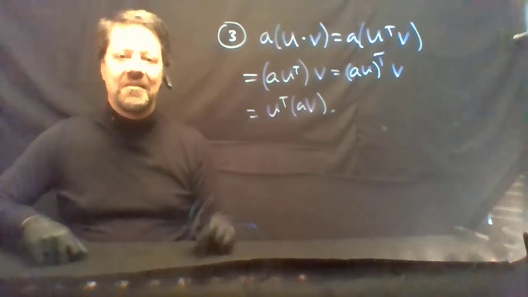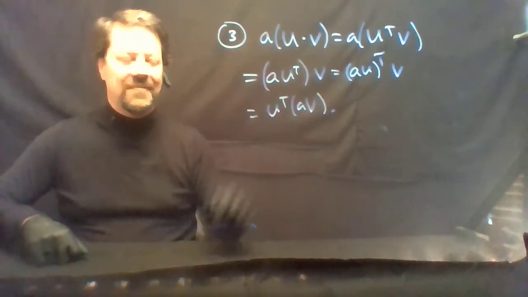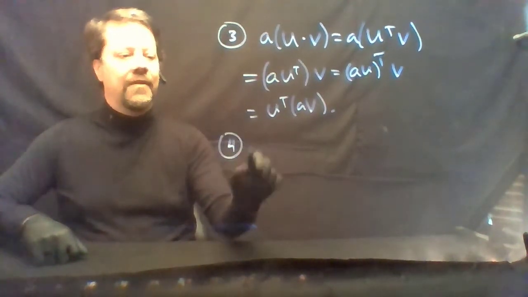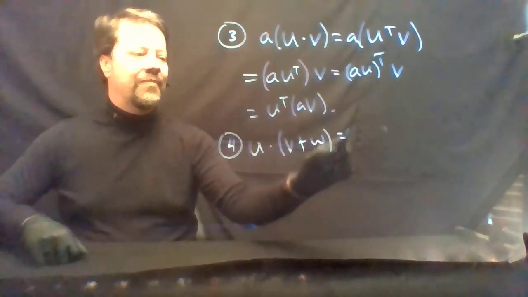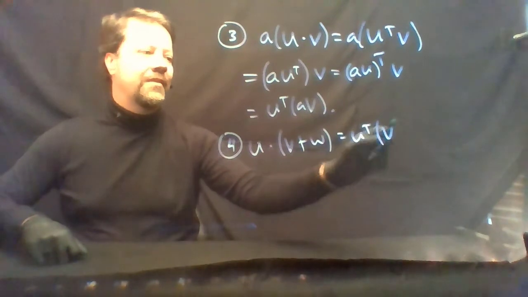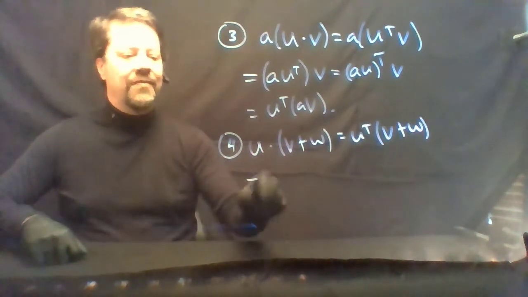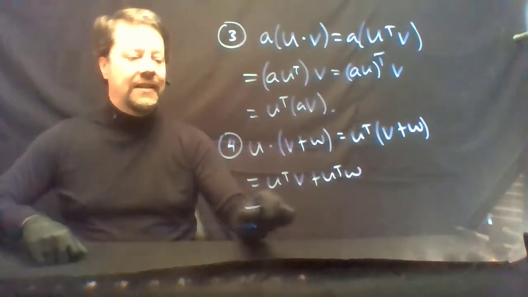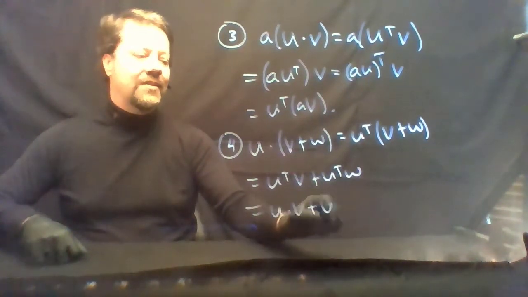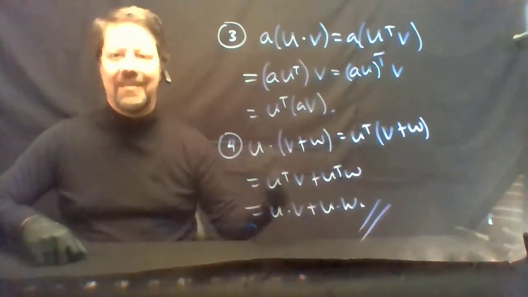Either way, the property is proved. For property 4, if we take u dot v plus w, that is u transpose times v plus w, which is u transpose v plus u transpose w, and that's u dot v plus u dot w, proving the theorem.